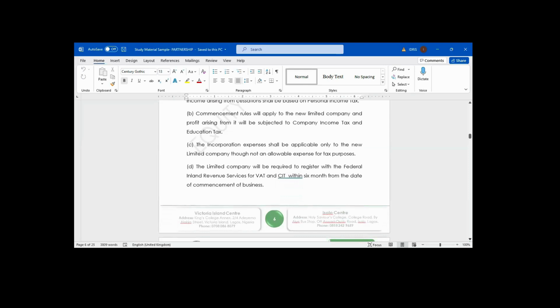That means the preliminary expenses incurred, called the incorporation expenses, of converting the partnership business to a limited liability company, we are going to treat as disallowable expenses. It's not allowed for tax purpose.